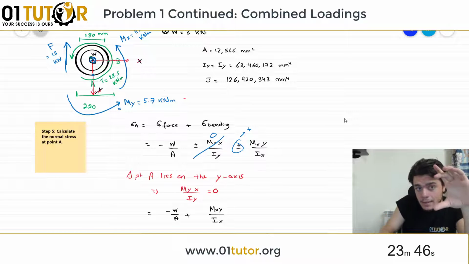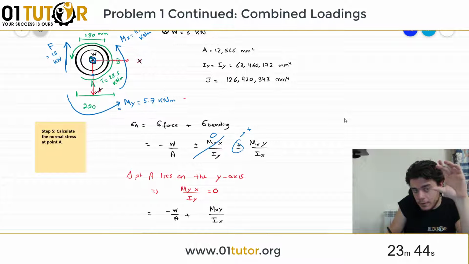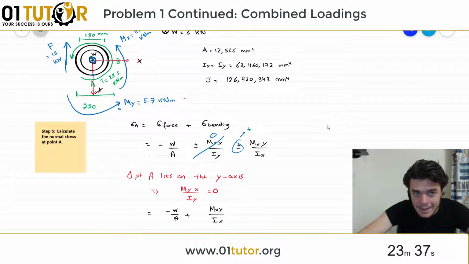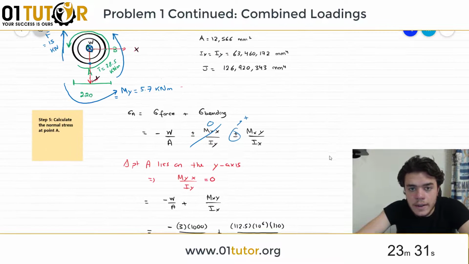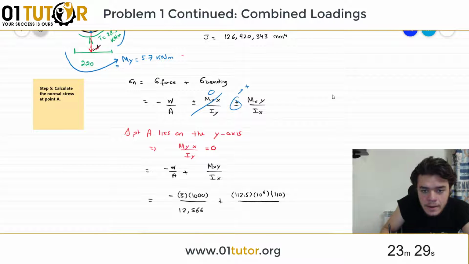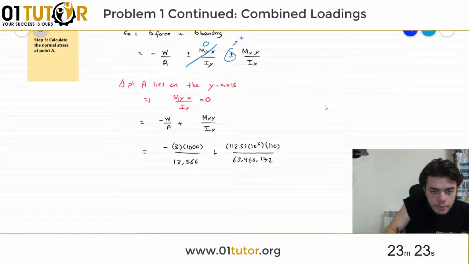That is the vertical distance from the center to point A, which is the outer radius, 110, over Ix, which was calculated earlier to be 63,460,172.